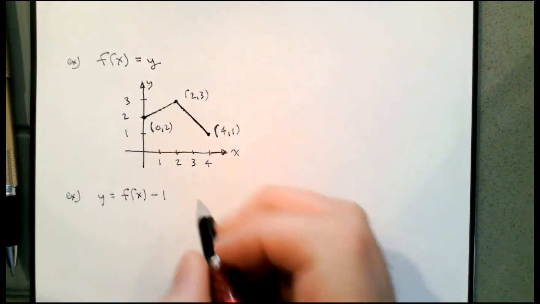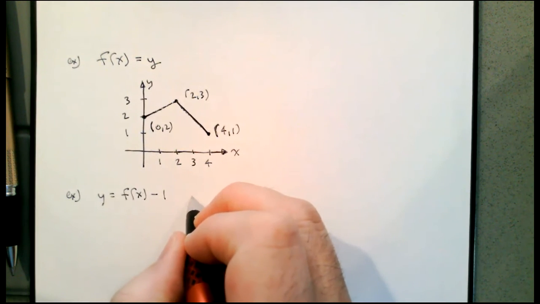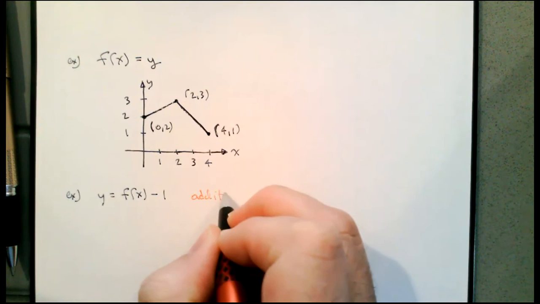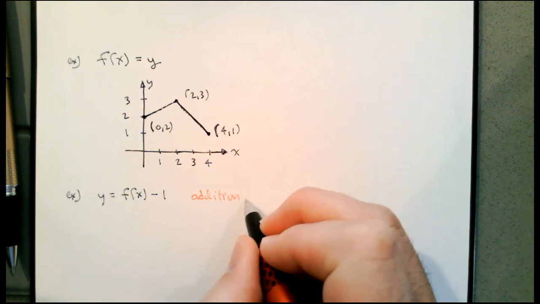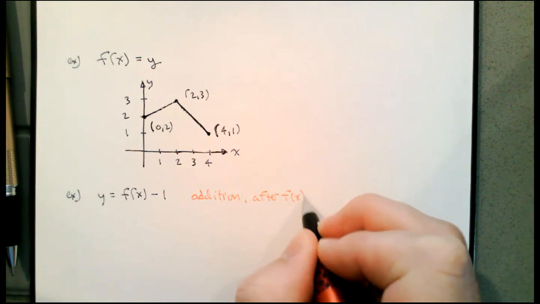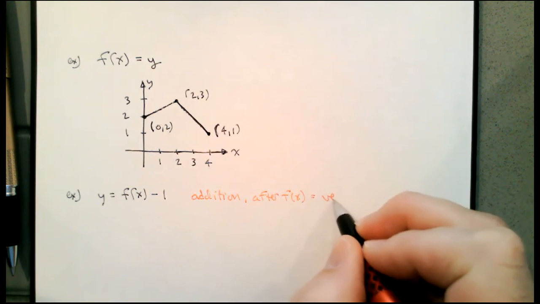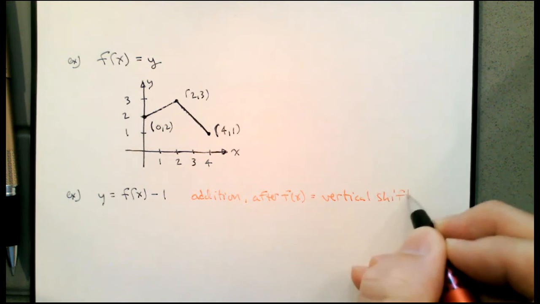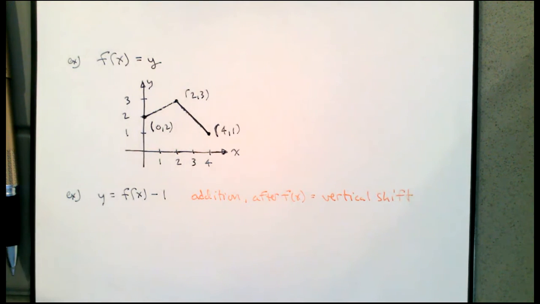So here, it's subtraction and it's after the function. And so that means it's going to be a vertical shift. We're just taking all the values of the function and subtracting 1 from them.